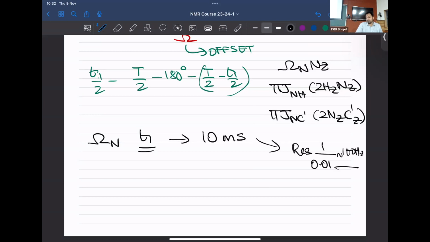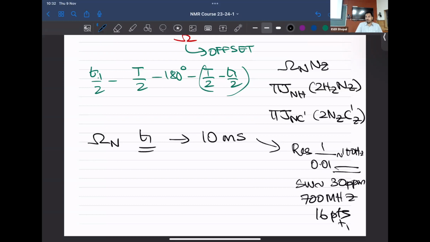But this is the best you could do, because 10 milliseconds with a spectral width of, say, 30 ppm, try to do it on, say, 700 megahertz on proton, you will realize that this itself is a lot of time. This itself will be, say 16 points in the T1 dimension. 16 points means you have to get 32 different experiments to get the nitrogen chemical shift because of quadrature, right? So that's going to take experiment time.